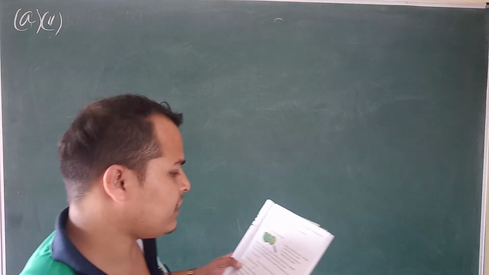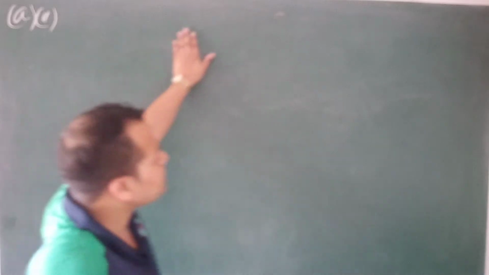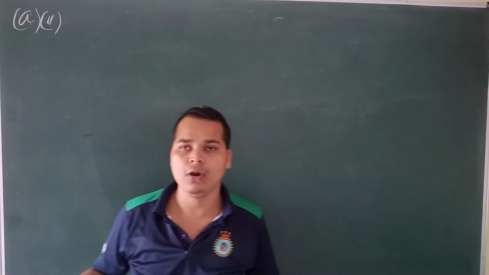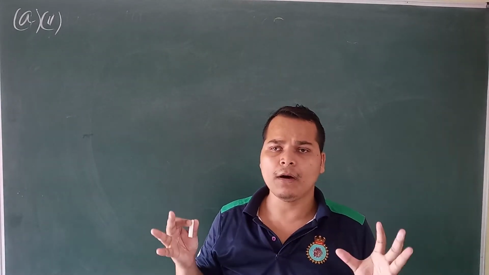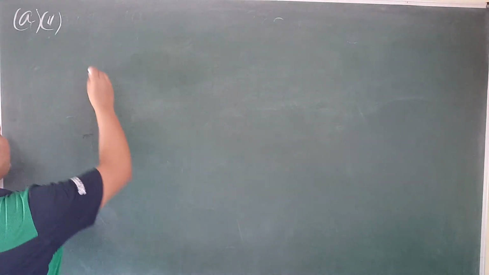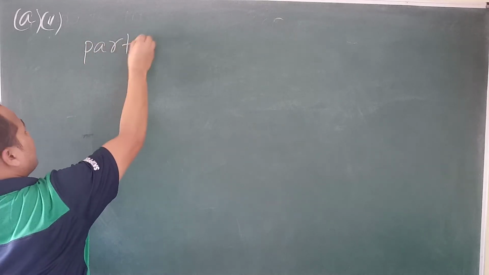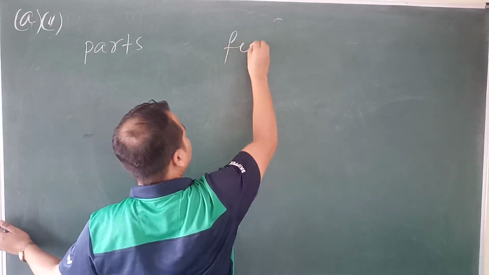What role does each part play in keeping the plant healthy? In the leaf there are different parts: midrib, vein, petiole. What are the functions of the parts? Tell me the parts. Make a chart: parts and here function.